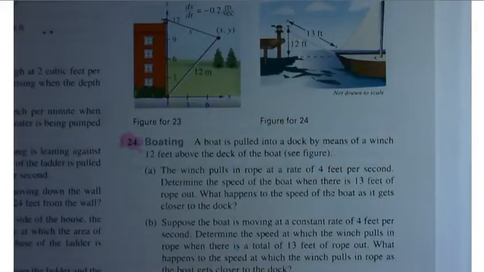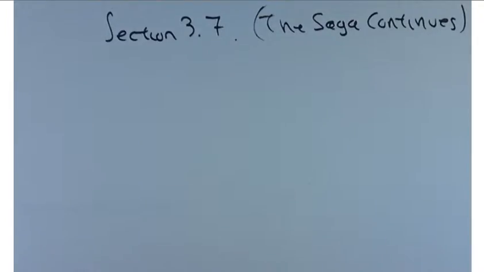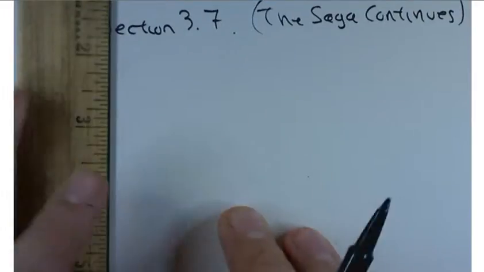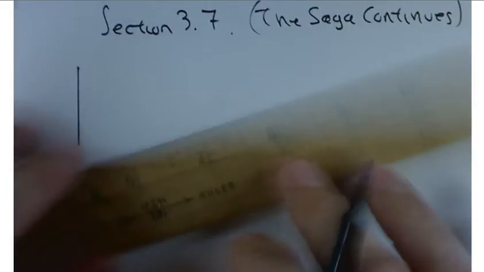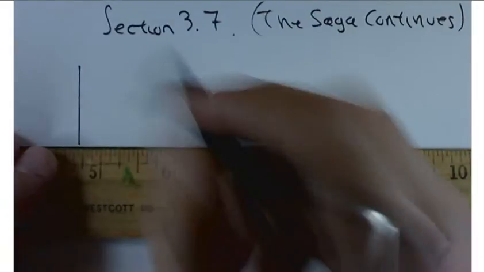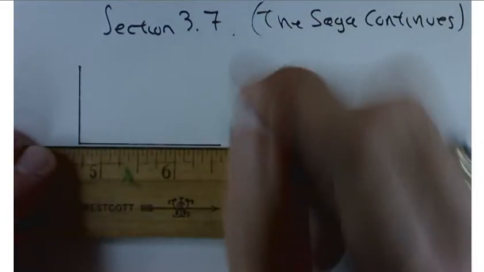Okay, so we're just going to do part A here. And let me kind of zoom out a little bit and give you my artist rendering of the boat. So, let's see.